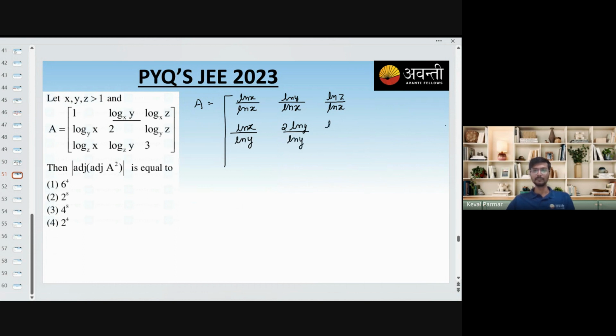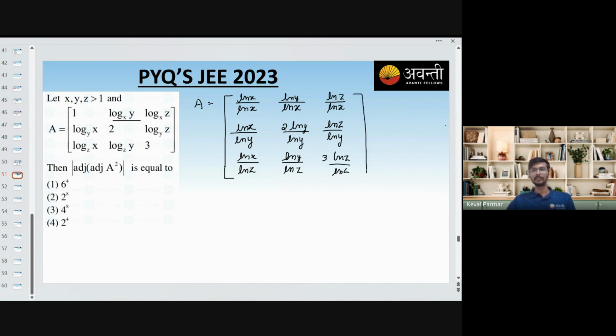And this will be ln z upon ln y. And similarly, lastly, we can write ln x upon ln z, ln y upon ln z, and 3 times ln z upon ln z.